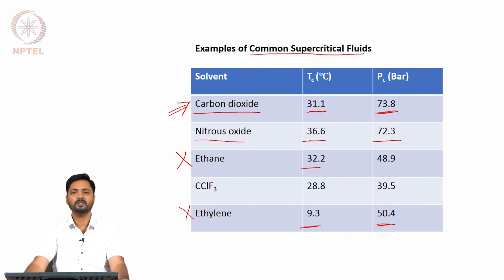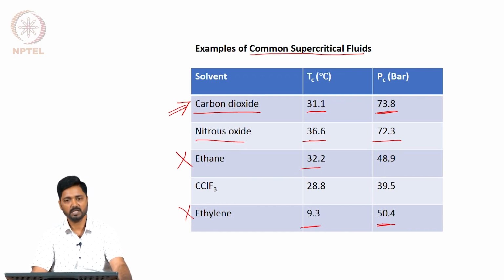Now, this gas obviously is inherently inert to a decent extent and also has the appropriate temperatures and pressures at which it will undergo a supercritical phase transition.